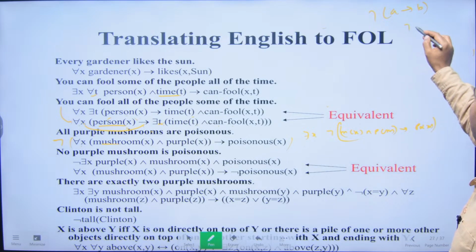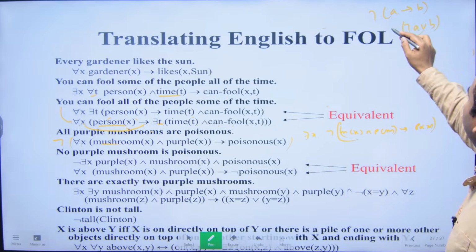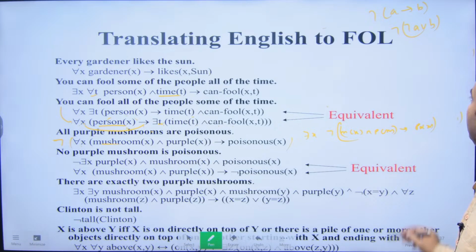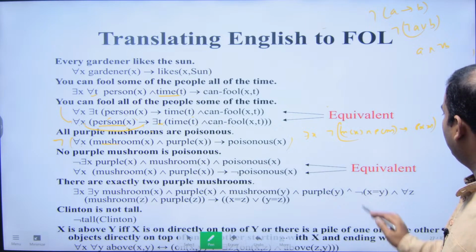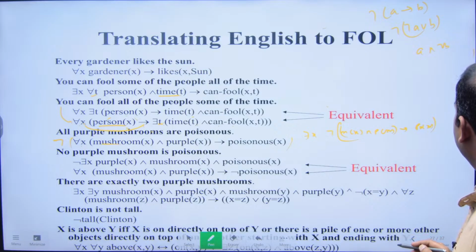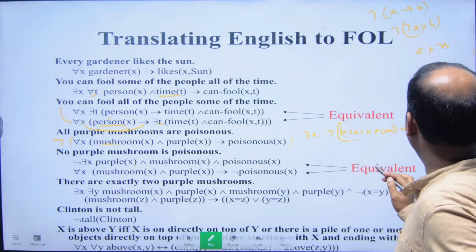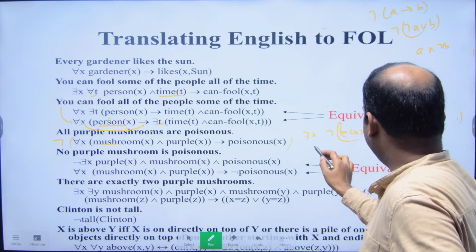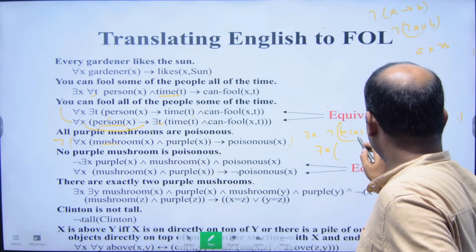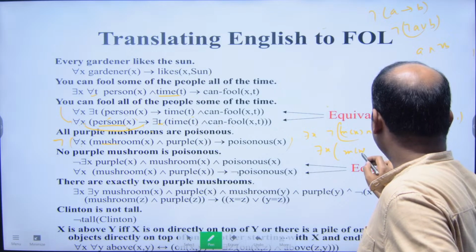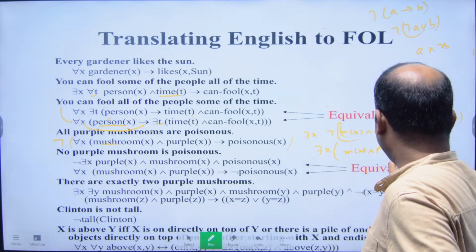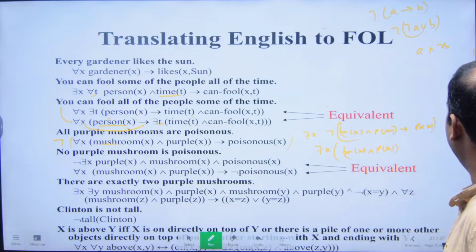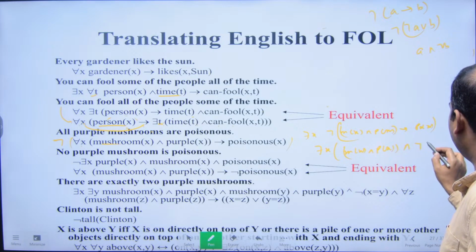Not of A implies B is A and not B. So there exists x, mx, purple mushroom, and not poisonous.